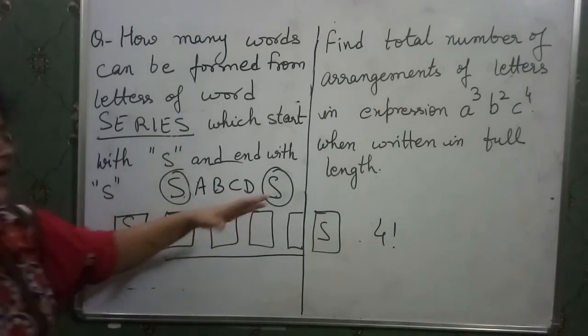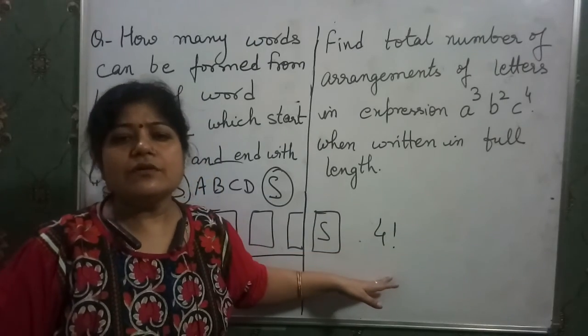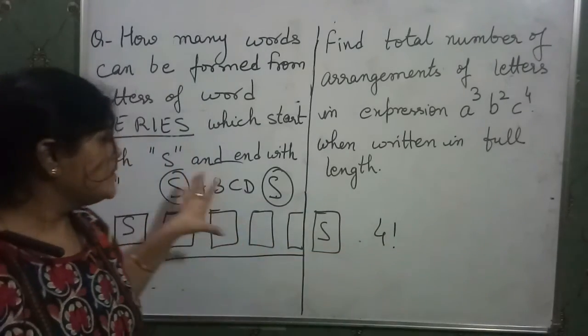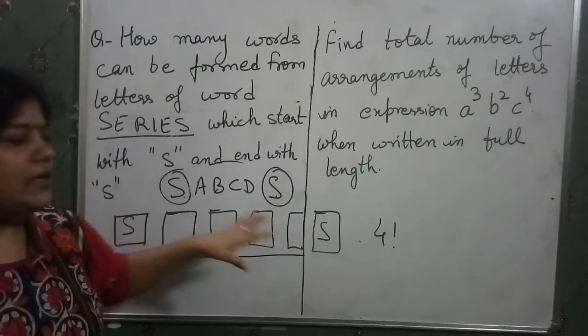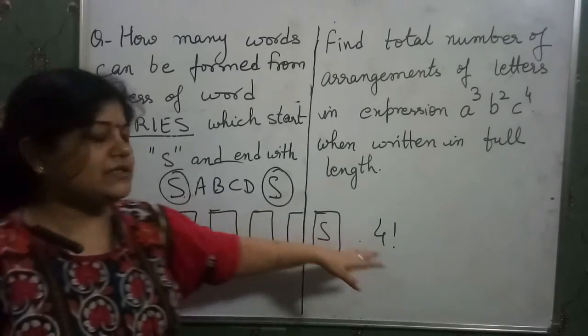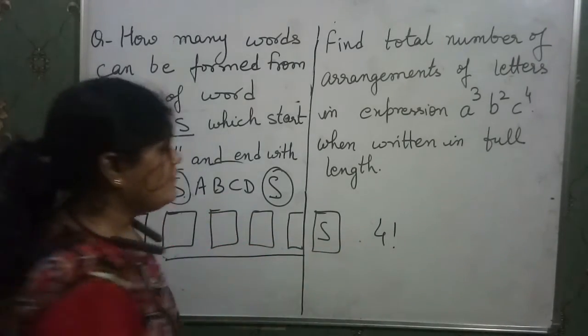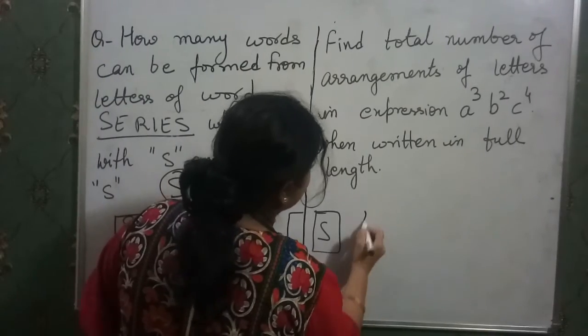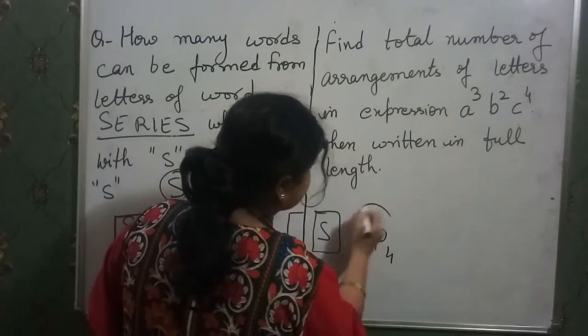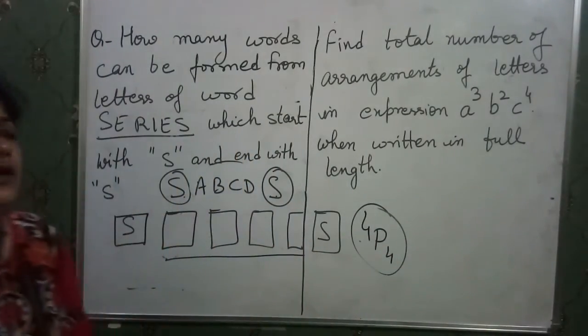If letters are repeated, then we also divide by the factorial of the number of times that letter is repeated. If the letters are not repeated, we just simply write the factorial of that. Factorial of that part we can write in the same way as in permutation. There is no difference. Clear?